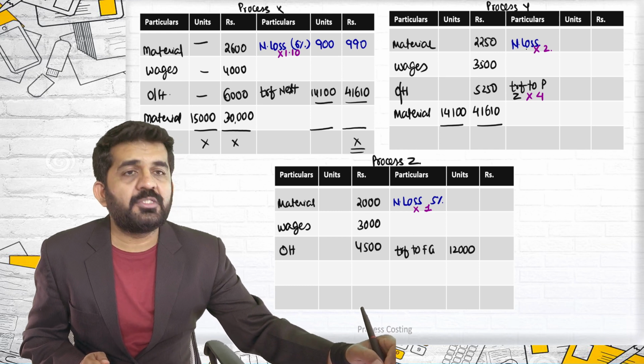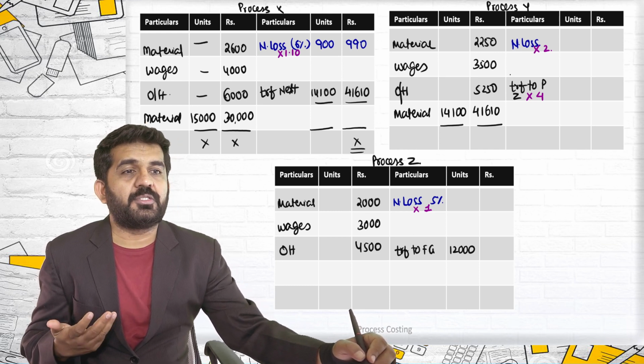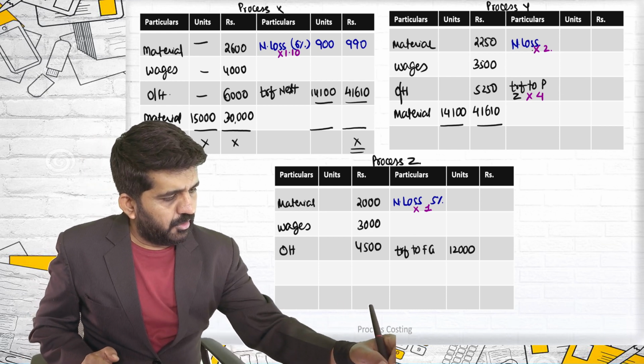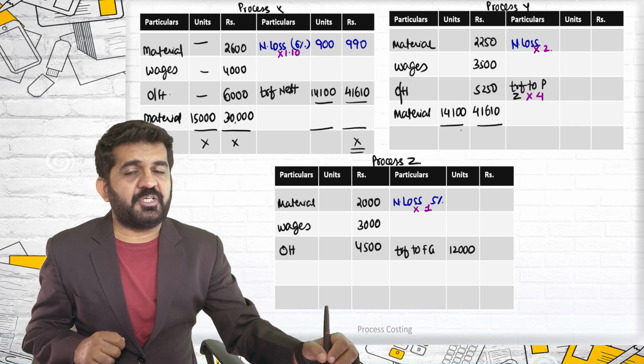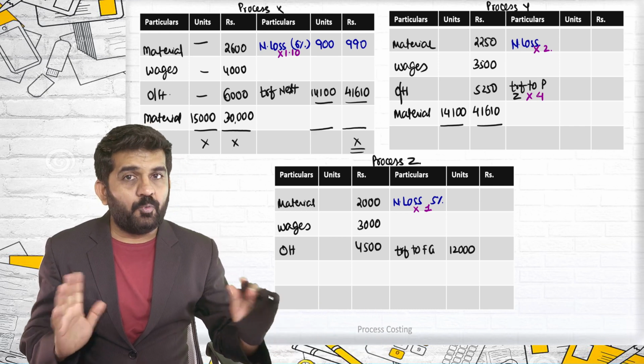Also, what is the percentage of normal loss? Now we do not know the percentage of normal loss. If we do not know the percentage, we will not even know the units. So let us think how we will find it out.